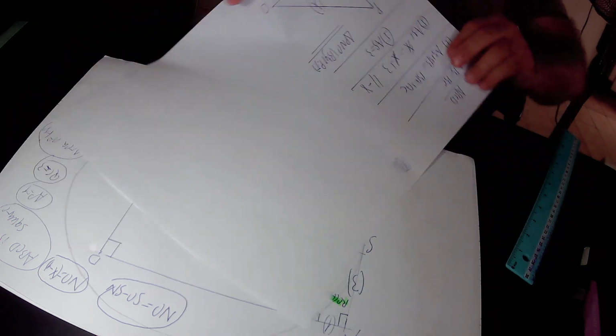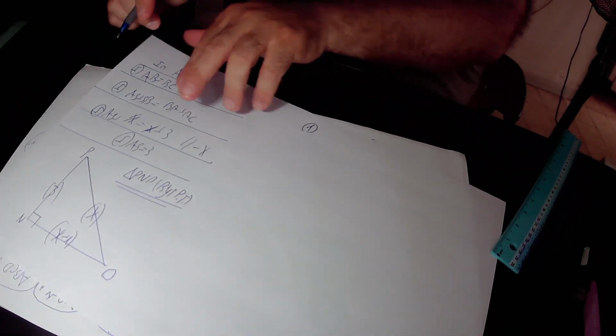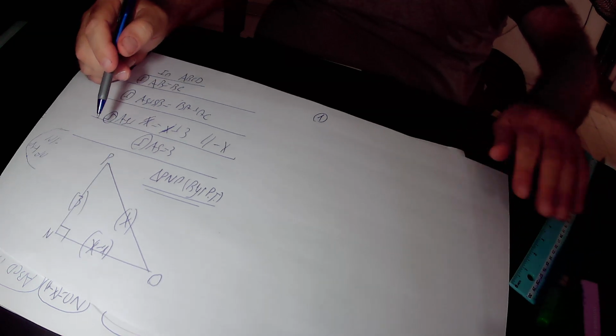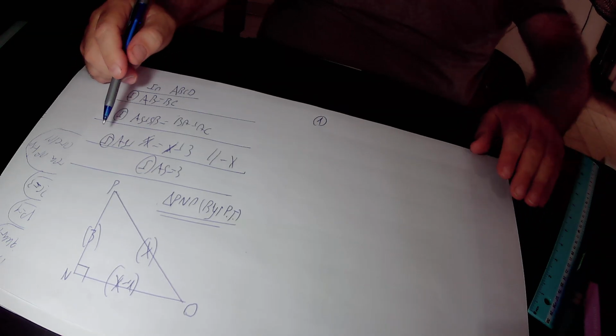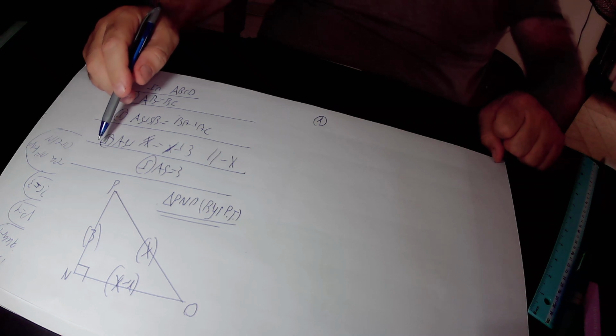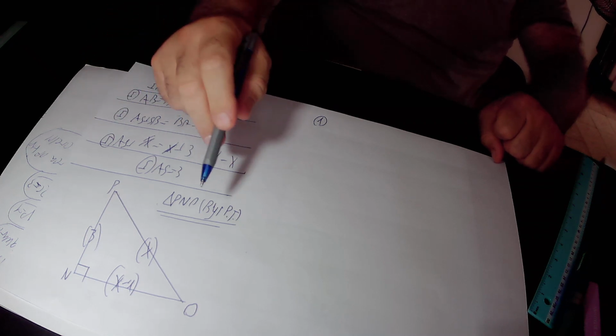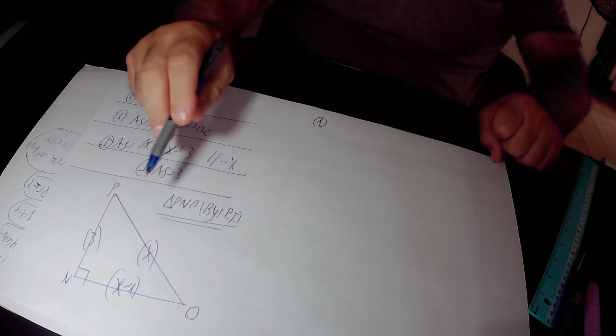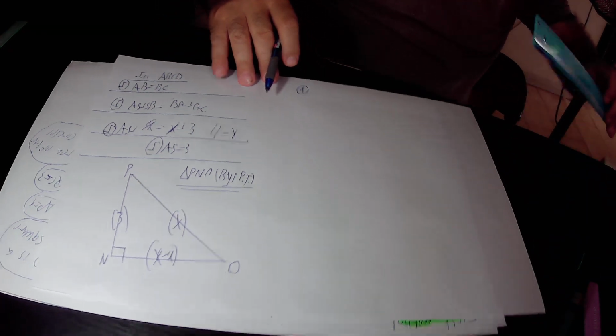So this is the green right triangle PNO that I copied from the original drawing. According to the Pythagoras theorem, on this right triangle PNO, PO squared, the square of the hypotenuse, equals PN squared plus NO squared. So I write it down.